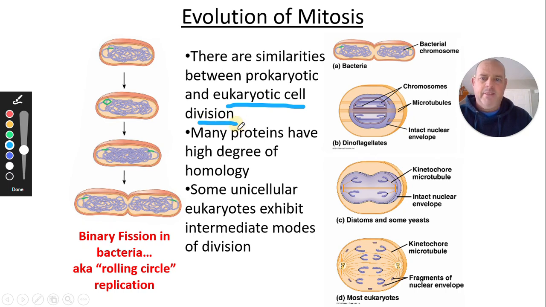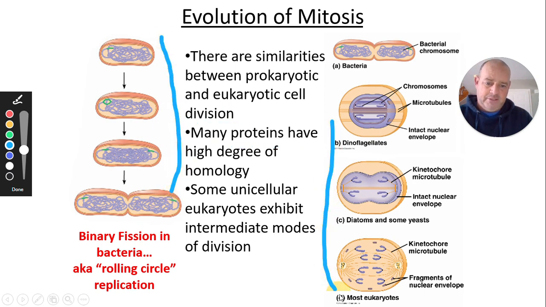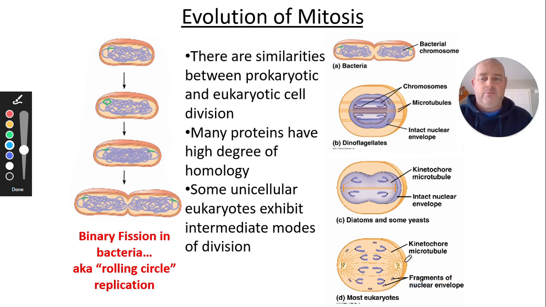It may not seem that way, but there are a lot of the same proteins that do the replication and process over here, and it does the same process down here where you get into these eukaryotes and these more advanced forms of mitosis. A lot of the proteins are the same between the prokaryotes and eukaryotes, which lends itself to some sort of evolution.